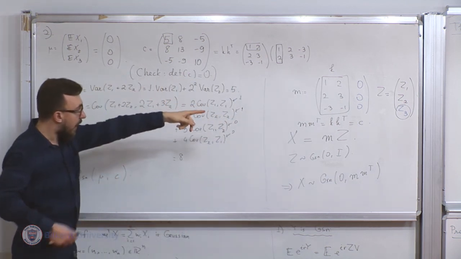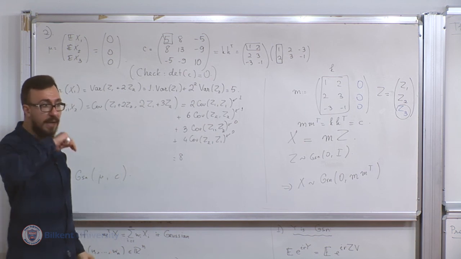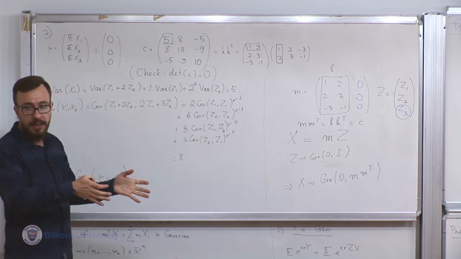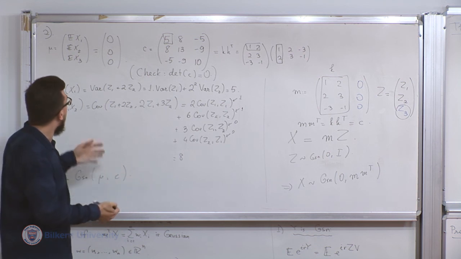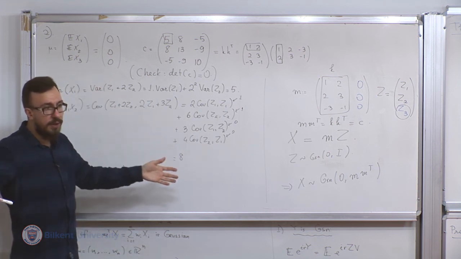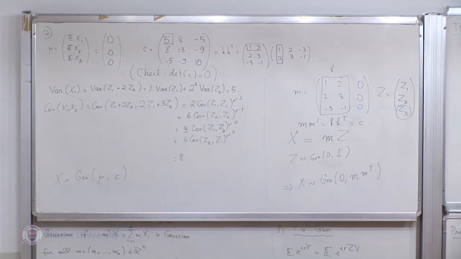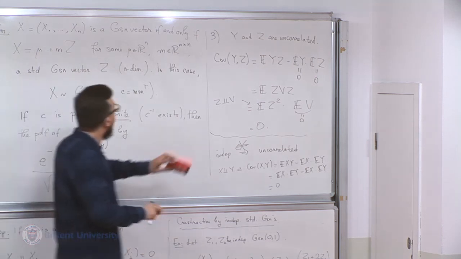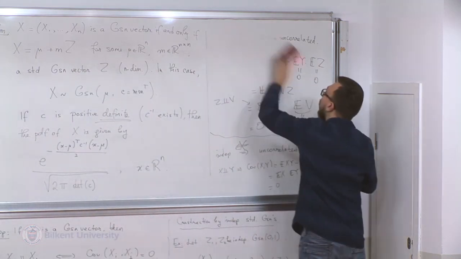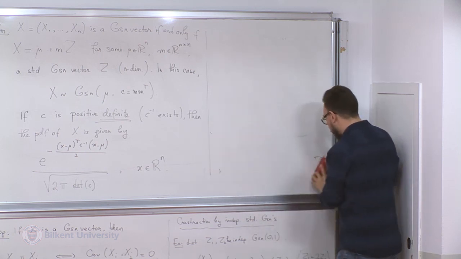So this theorem doesn't apply for this example. It is a lower dimensional density. It is a 3-dimensional Gaussian vector, but it comes from just Z1 and Z2.